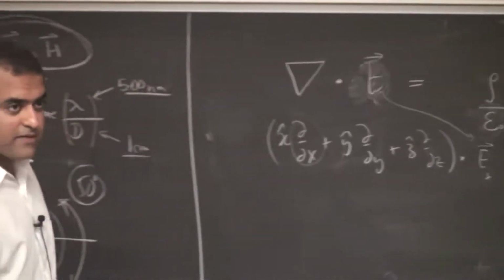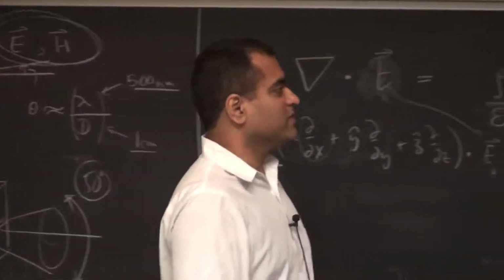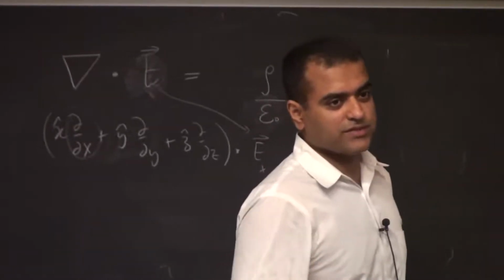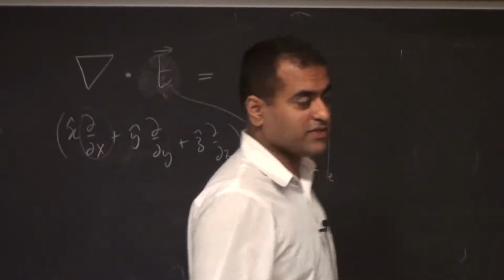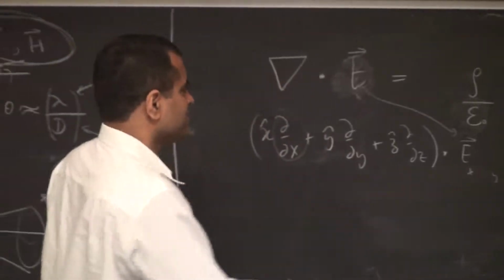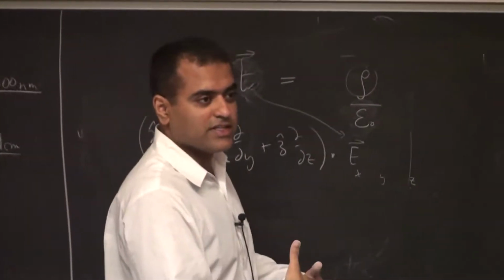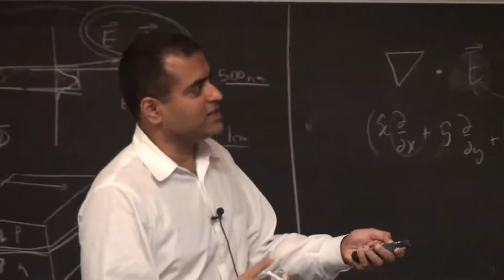That's the mathematical way of looking at it. The physical way is very clear. Field lines are diverging from here, going out. That's positive divergence. If they're coming in, divergence is negative. It's a sink of field lines. Here it's a source of field lines.